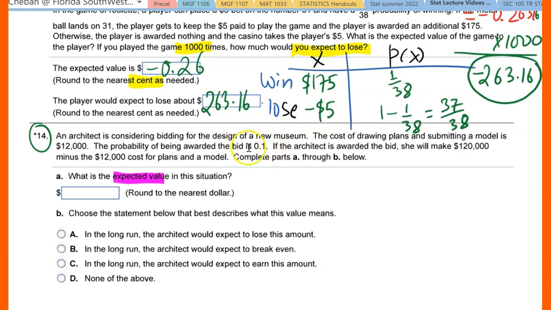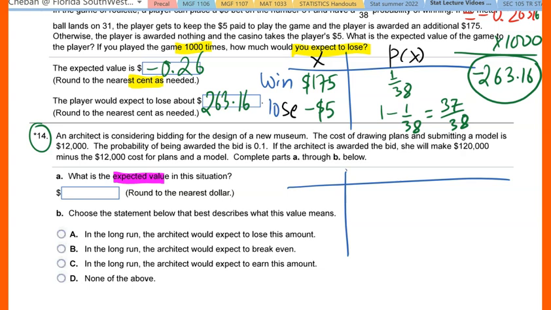If the architect is awarded the bid, she will make $120,000, minus the $12,000 cost of the plan and model. Therefore, there are two scenarios here. Either she wins the bid or not.